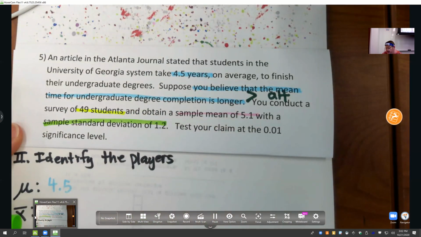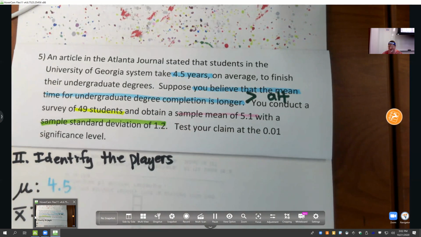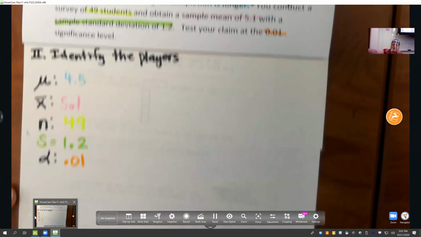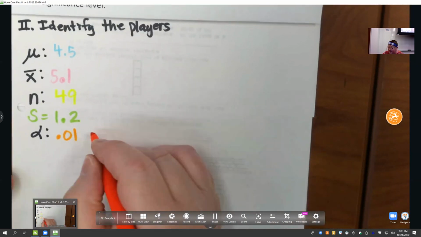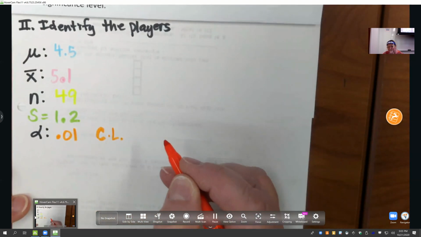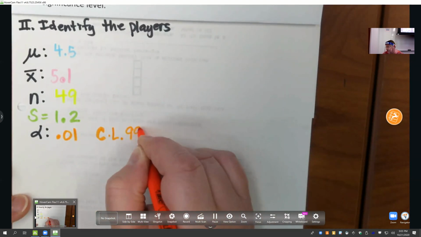So in this case, I get the sample standard deviation of 1.2 and my claim, I'm going to test at 0.01. So my significance level is 0.01 or 1%. If my significance level is 1%, what's my confidence level? 99%, thank you.